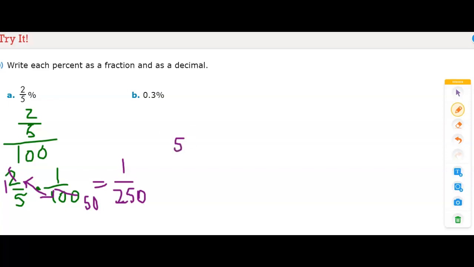So we're going to have 5, divide the denominator into the numerator. We have to add a decimal and a 0. 5 goes into 20 4 times. And so you have 4/10 over 100.